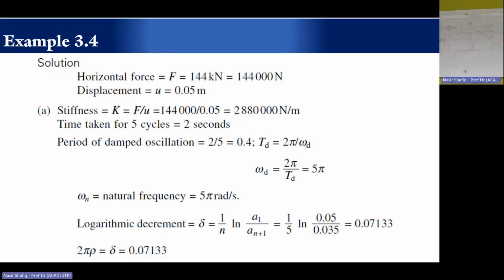We are looking between 0.05 and 0.035, because we pull to 0.05 meter and the oscillation started from 0.035. So A1, when you pull, was 0.05, and after that it says 0.035.